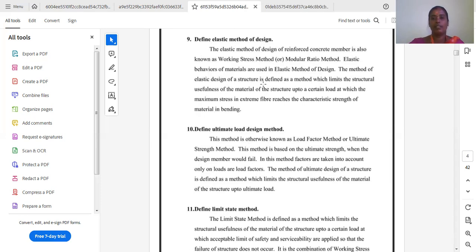So here this working stress method is like this: we consider the concrete aspect, but it is not practically applicable. We are assuming that concrete is an elastic material. This method is complicated and it is not economical. Nowadays, we are not using this method.